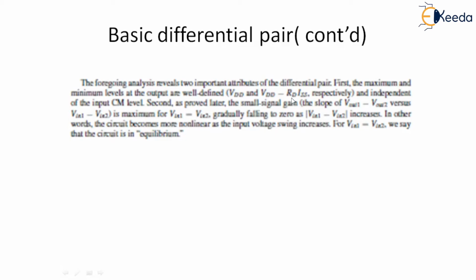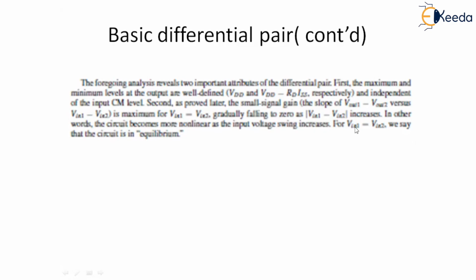So if there is any disturbance or swing in the input CM level, it will not disturb the output, which is needed. Secondly, the small signal gain, the slope of Vout1 minus Vout2 versus Vin1 minus Vin2, is maximum for Vin1 equal to Vin2, and it gradually falls when this difference increases. So we can say the circuit becomes more linear as the input voltage swing increases.